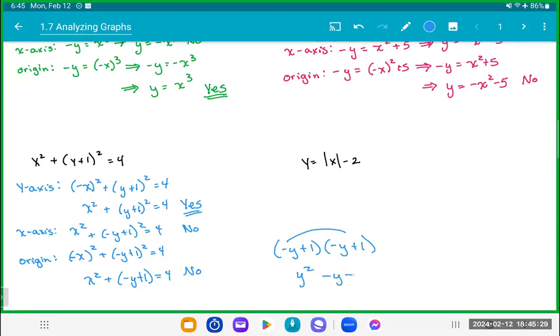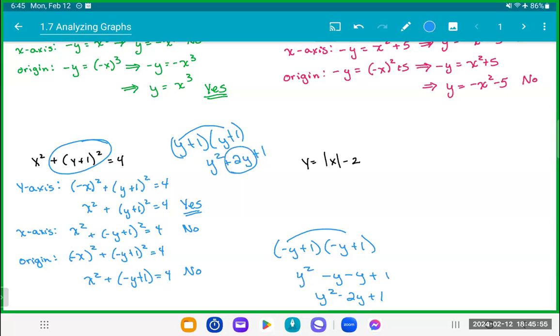minus y plus 1. So you have y squared minus 2y plus 1, right? If you do this one out, you have y plus 1, right? So you still have y squared, but now it's plus 1 plus 1. So you end up with plus 2y plus 1. And so this is a plus and this is a minus. Thank you.